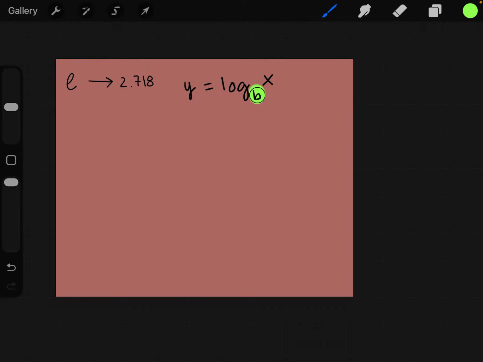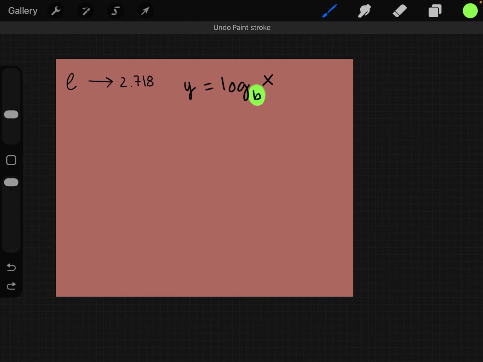Whatever is down here and is tiny, that is your base. Whatever it is equal to, that is your exponent.